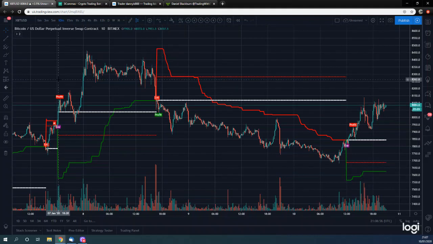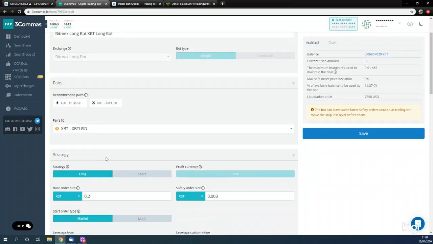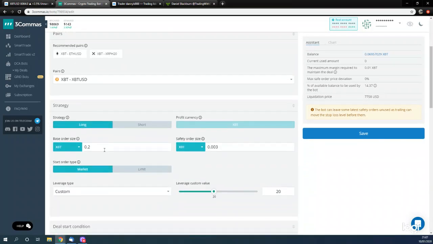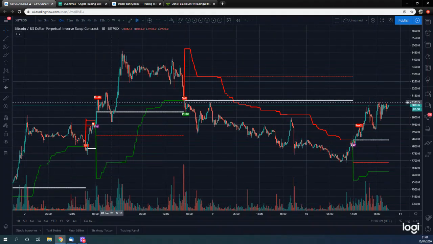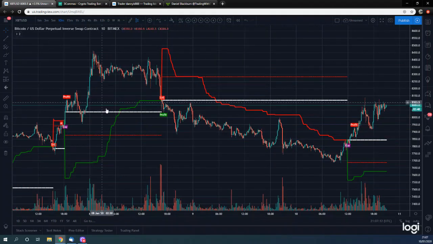So I am actually thinking of contacting 3Commas, because my trading bot that I will use with my TradingView custom signal is something that people could potentially subscribe to. So you could have my bot. What you would get is the TradingView custom signals.